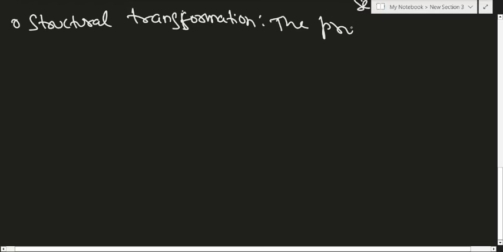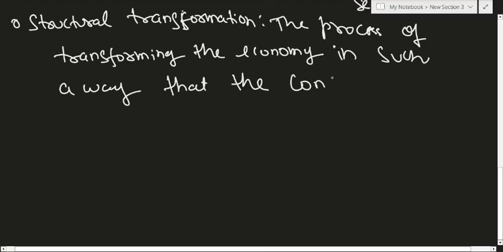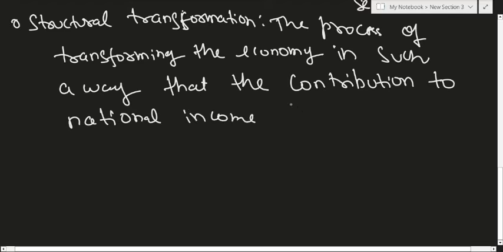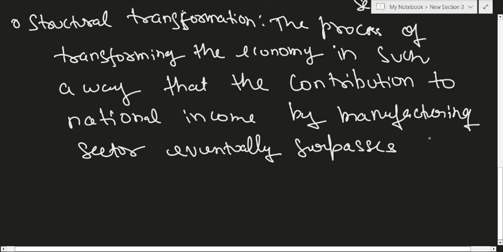So this is the process of transforming the economy in such a way that the contribution to national income by the manufacturing sector eventually surpasses the contribution by the agricultural sector.